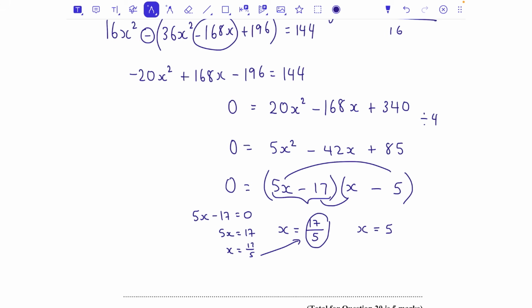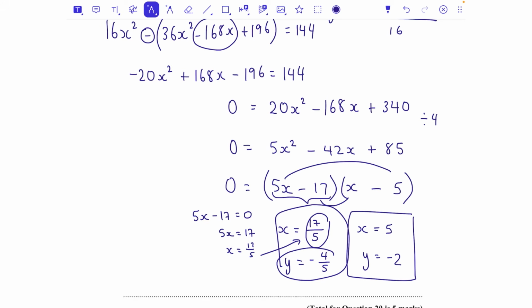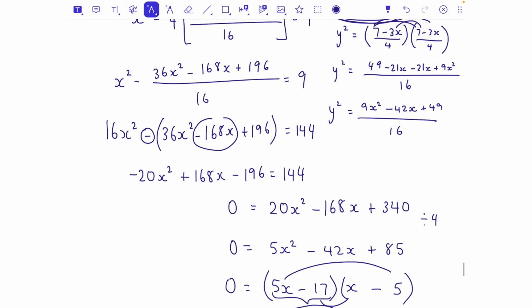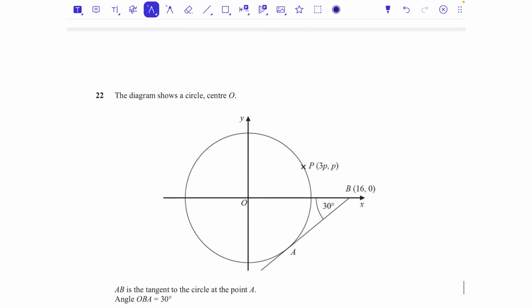And that gives me a value of y to be minus 4/5 or minus 0.8. So those ones go together. And then for the other one, I just need to put 5 into that same equation rather than 17 over 5. And that gives me minus 2. So that was your final answer. Those two pairs of values solve the simultaneous equations. A very, very tricky question, that one.